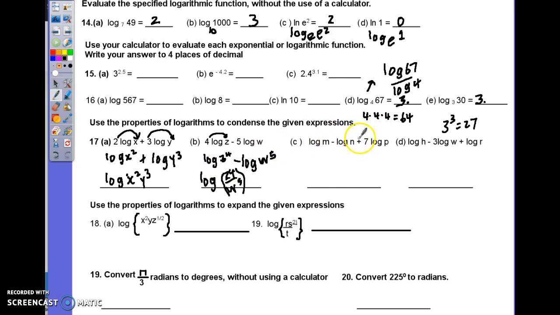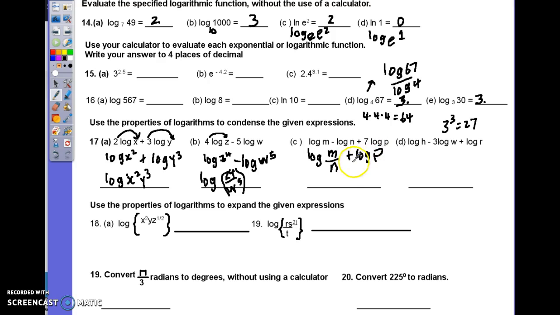I'm just going to do this one, C, and then you will practice D by yourself. So here we got a subtraction, then an addition here. How do you do that? Well, here we go. We go log. And for the subtraction, it's going to be a quotient. So for the log m minus log n, it would be that. And then we have plus log p.